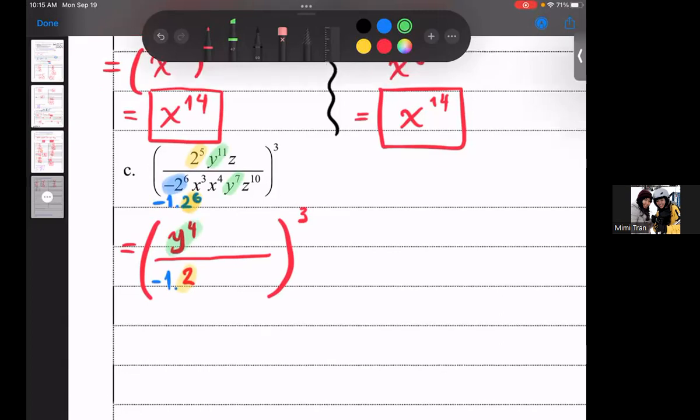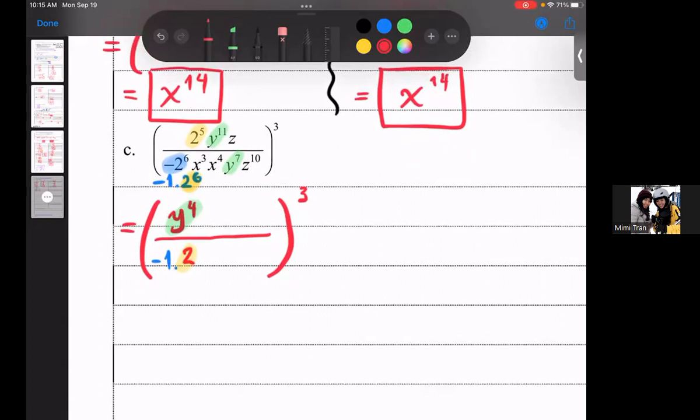What about x? Let's do it in x, y, z in alphabetical order. X to the 7, thank you. And then z, thank you. Ooh, yes. What was it? 11 minus 7 is 4, but then plus x2.